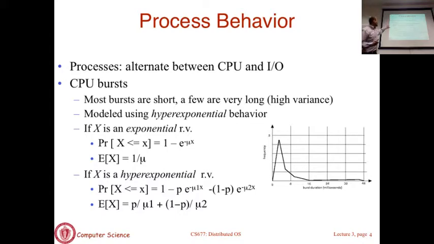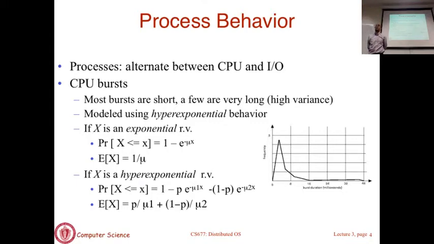Now, having said that, if you look at how IO-bound jobs or CPU-bound jobs behave, you basically see that if you are really CPU-bound, you will have long periods of computation. You are just computing, there's no IO at all. So you have a CPU burst that's very long. On the other hand, if you're an IO-bound job, then you will have very short bursts of computation between successive IO requests.